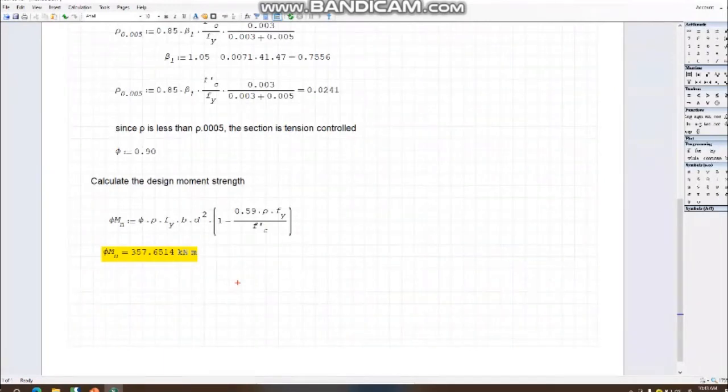It is much better if it is tension controlled, where your reduction factor is automatically 0.9, so there is less computation. If the steel is not yielding, then we have to resort to a quadratic equation, which is a bit complicated to solve.